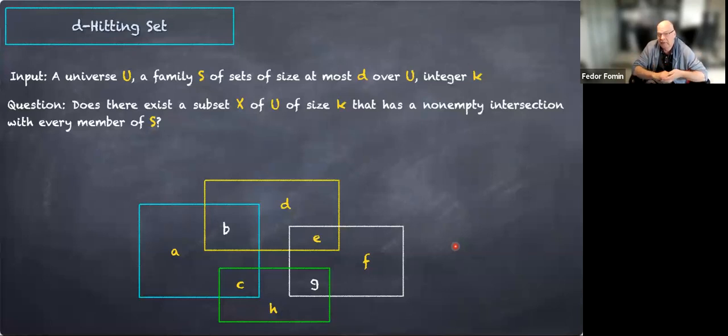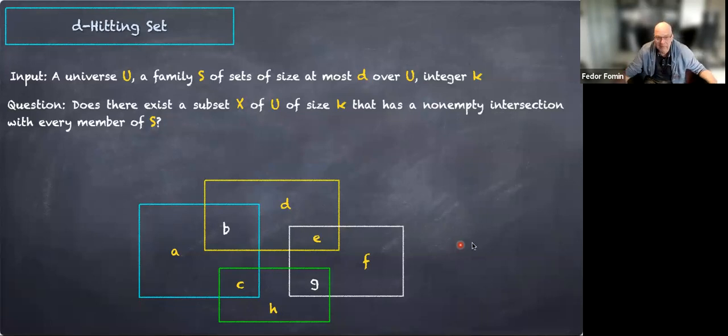The question is whether there exists a subset of vertices X of size k which hits every member of the family, or in other words, a hitting set of size k which hits all hyperedges of the hypergraph.